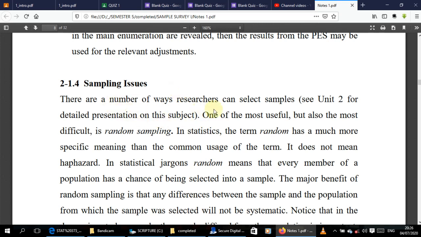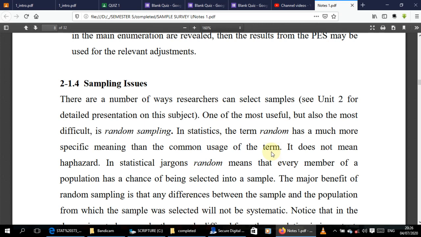So there are a number of ways you can select a sample. Okay, so one of the most useful but also the most difficult is random sampling. In statistics the term random has a much more specific meaning than the common usage of the term. Remember, when we say you select at random, we think about a haphazard way.